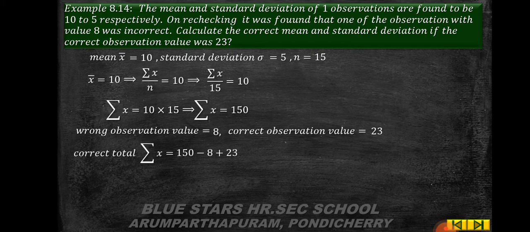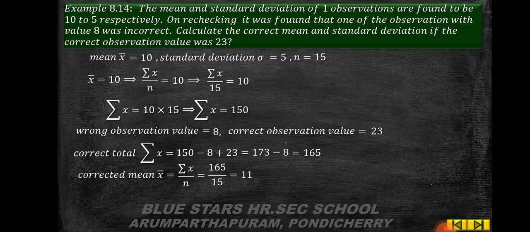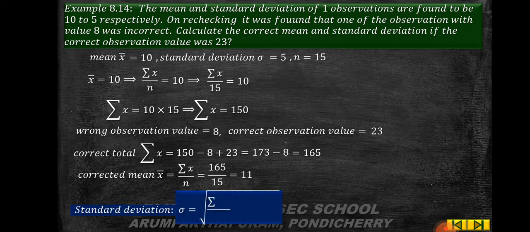So correct total, that is summation x, is equal to 150 minus 8 plus 23, which is equal to 173 minus 8, which gives 165. So corrected mean x bar is equal to summation x by n, which is equal to 165 by 15, which is equal to 11.